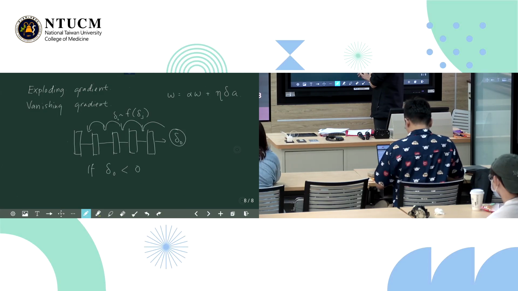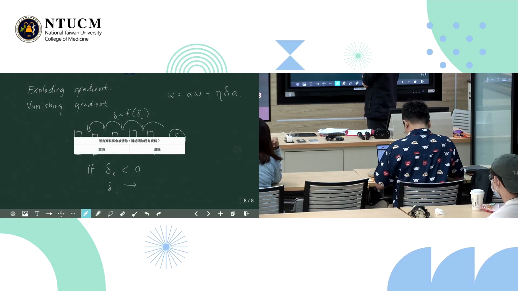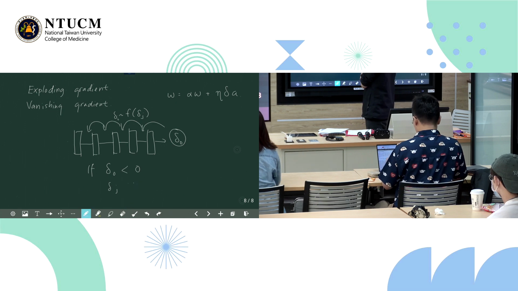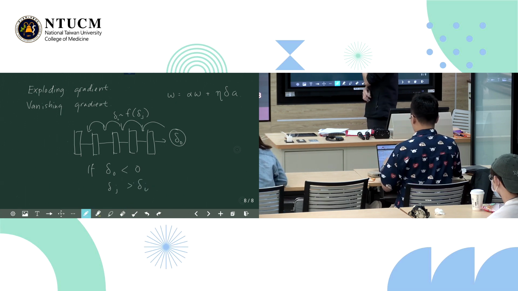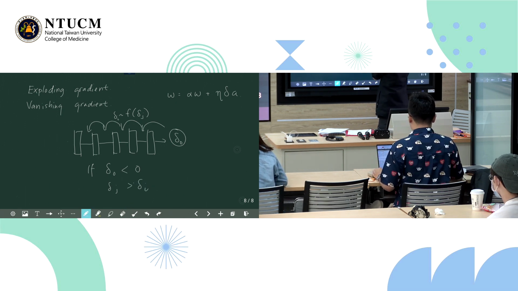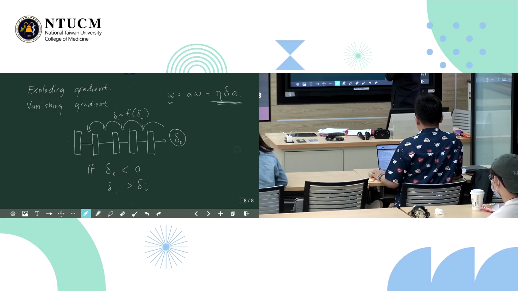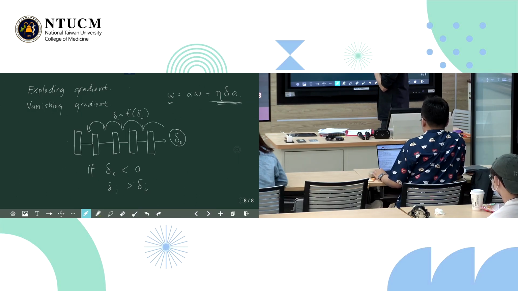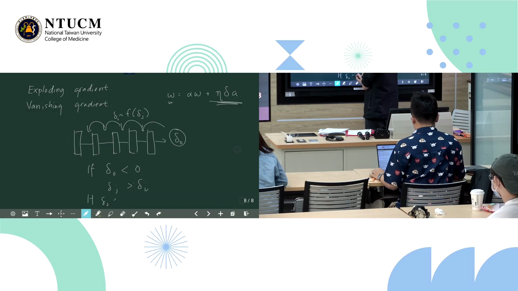right? Then delta j will be greater. Correct? And then the weights are carried on. If delta O is greater than 0, then delta j will be less.